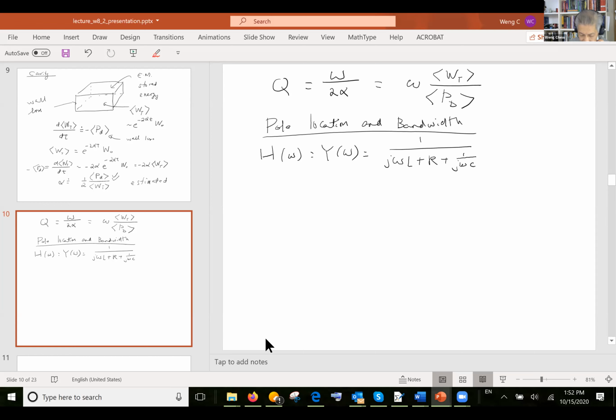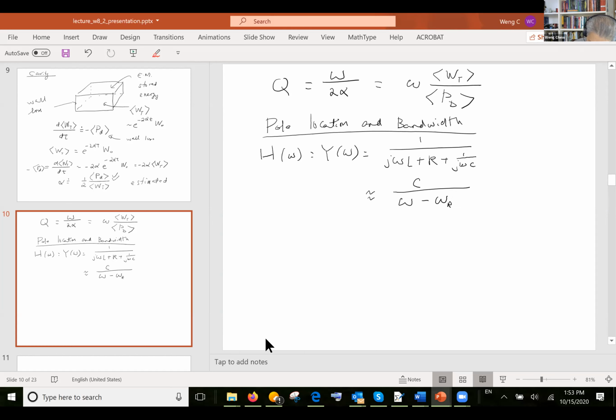Okay, and then you can show that this thing actually has two poles, but in the vicinity of the pole, I can approximate this as being a constant over omega minus omega r.